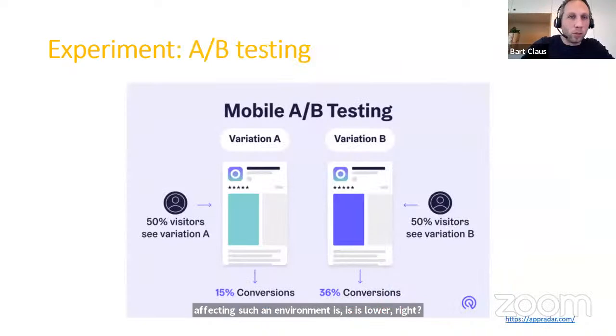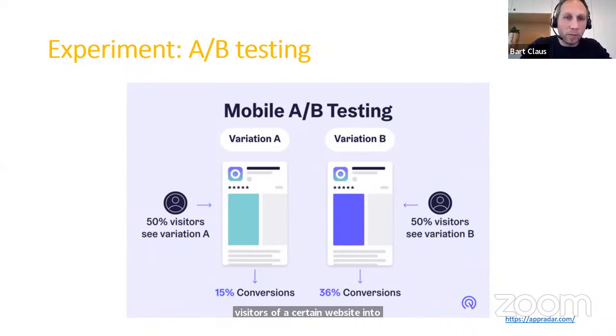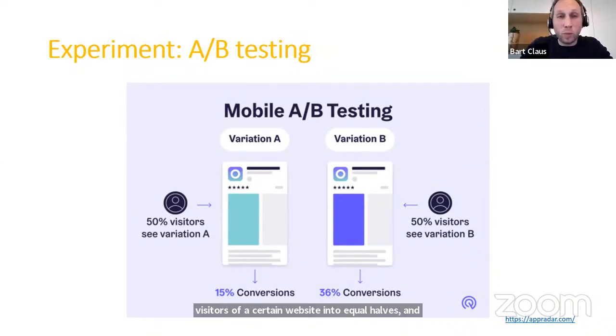So going further to this A/B testing, for example, this is how that could look, right? You could split the visitors of a certain website into equal halves, and then half of the visitors see this version with a light blue background, and the other half sees a version with the dark blue background.